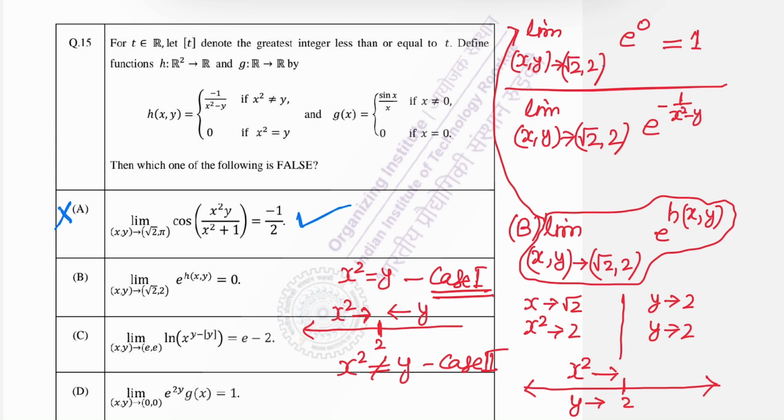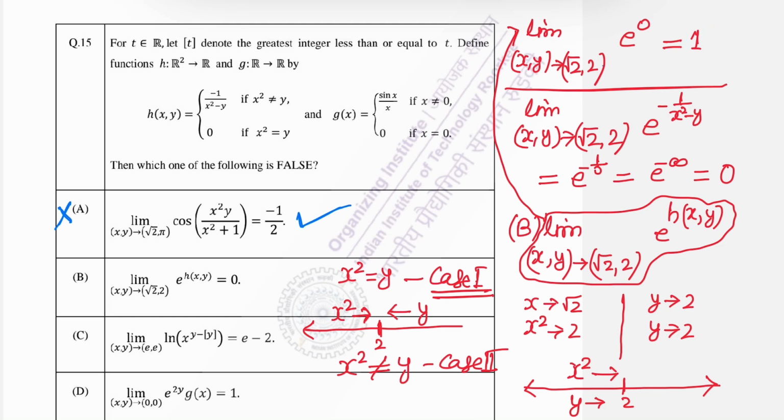Okay, and when we put the values, then this will be e to the power minus 1 by 0, so e to the power minus infinity, and that is obviously 0. So we are getting two different values in two different cases. The first one is here.